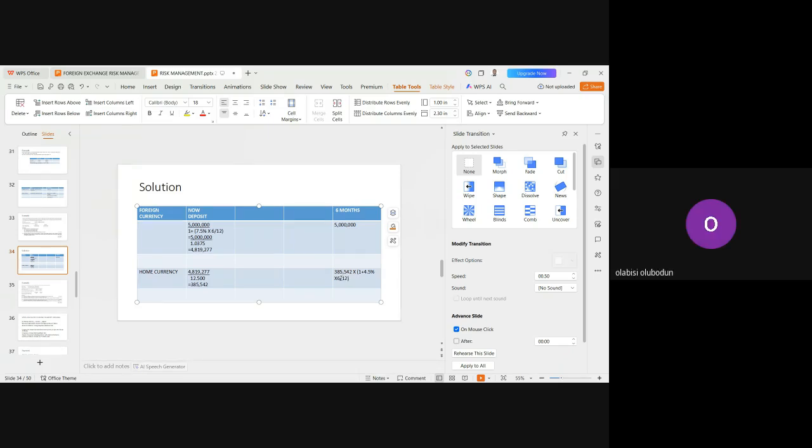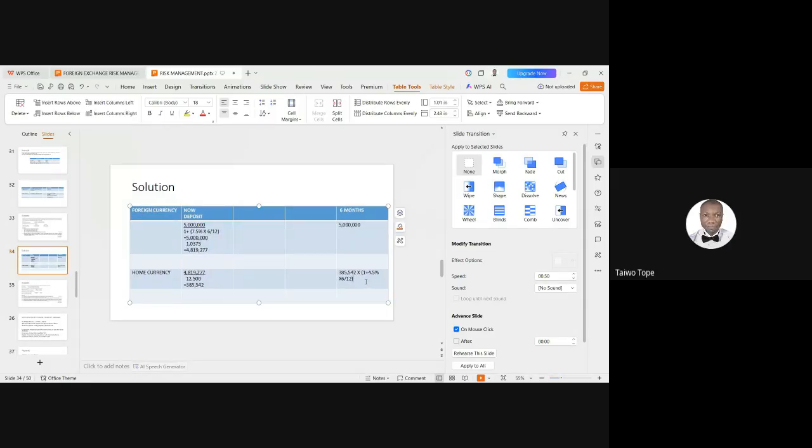So this will now give you 394,217. That will result to 394,217 in your own home currency. This is what they want.